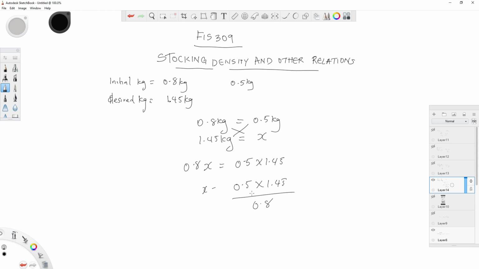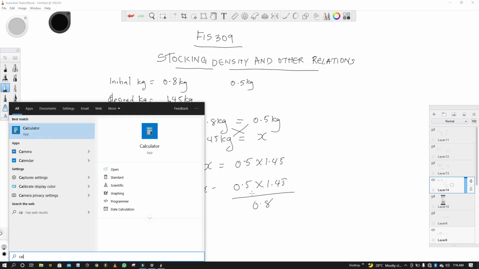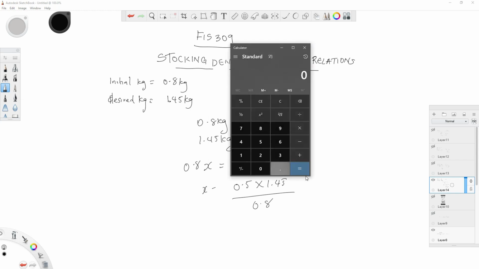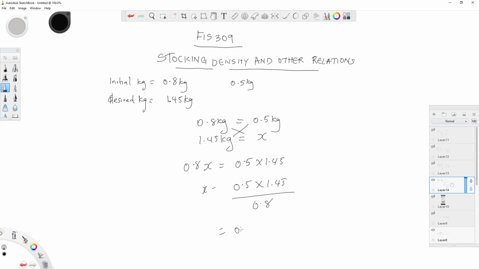Then you can quickly bring out your calculator. Multiply 0.5 times 1.45, divided by 0.8. This is 0.91. This is the amount of feed it should consume.